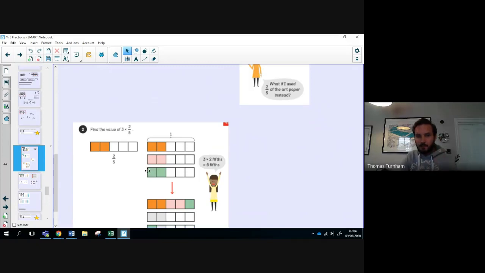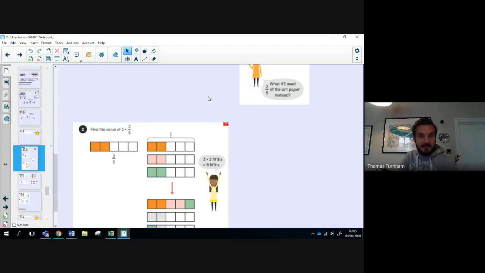The mistake some people would make is say, oh, we've got 6/15, because there are 15 squares there. But remember, each of these is 1 whole. So remember, as I said earlier, if you put this back into a real life situation, I ate 2/5 of a bar of chocolate. But I did that to 3 different bars of chocolate.